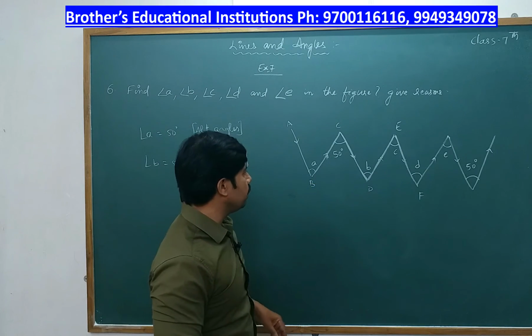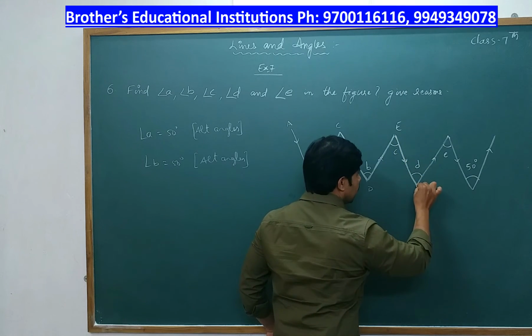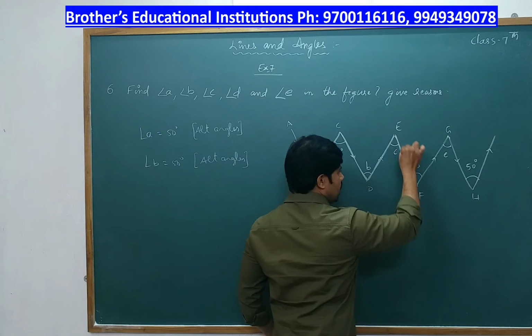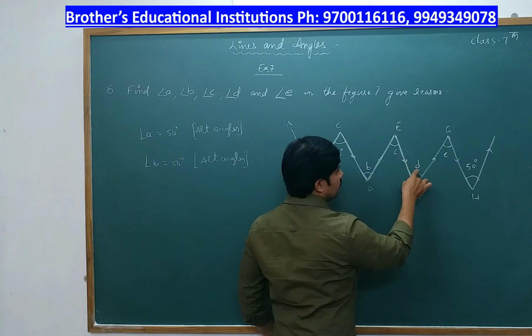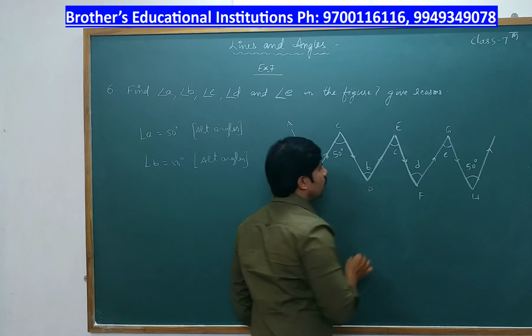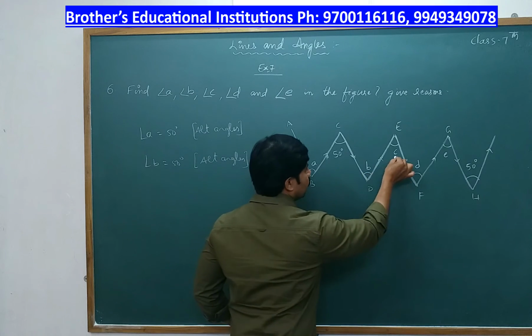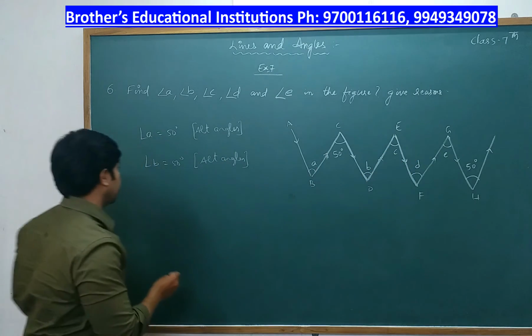Now after getting B, we'll see about this C. Take EF and GH. EF is parallel to GH. Then we can say B is equal to C. Here B and C are also alternate angles.